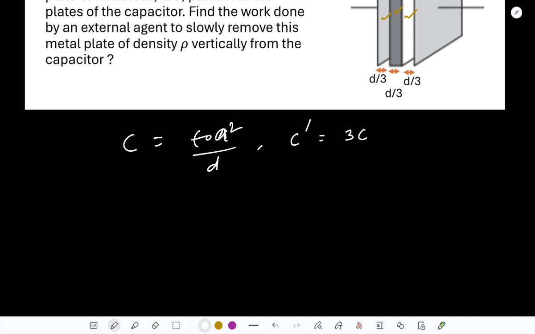I'm considering the capacitance of the capacitor without the metal plate, that means empty inside.